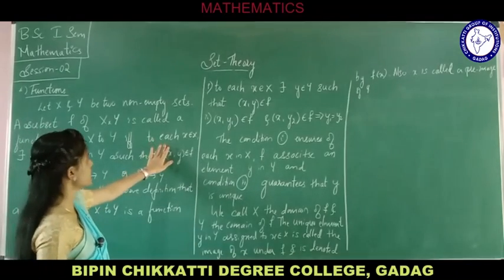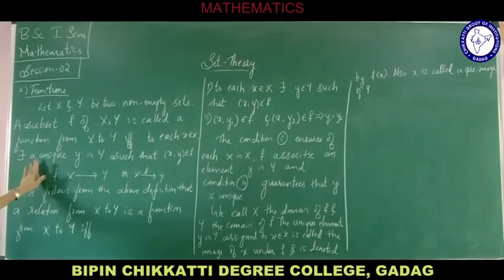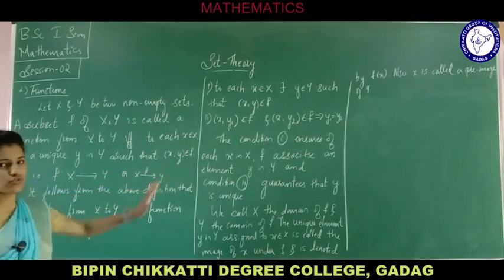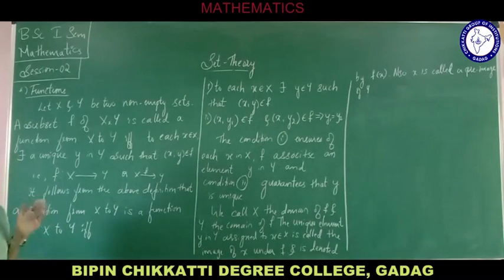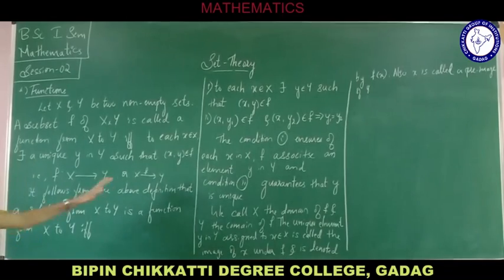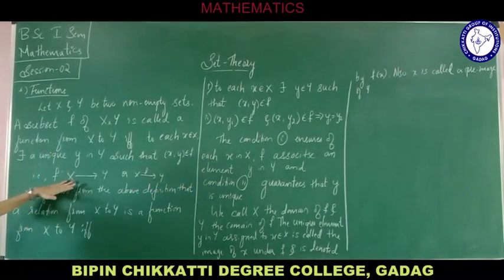If and only if to each x belongs to X, there exists a unique y in Y such that (x, y) belongs to F. That is, there should exist x in X and y in Y such that (x, y) belongs to F. It is denoted as F is a function from X to Y. And it also follows from the above definition that a function from X to Y is a relation from X to Y.